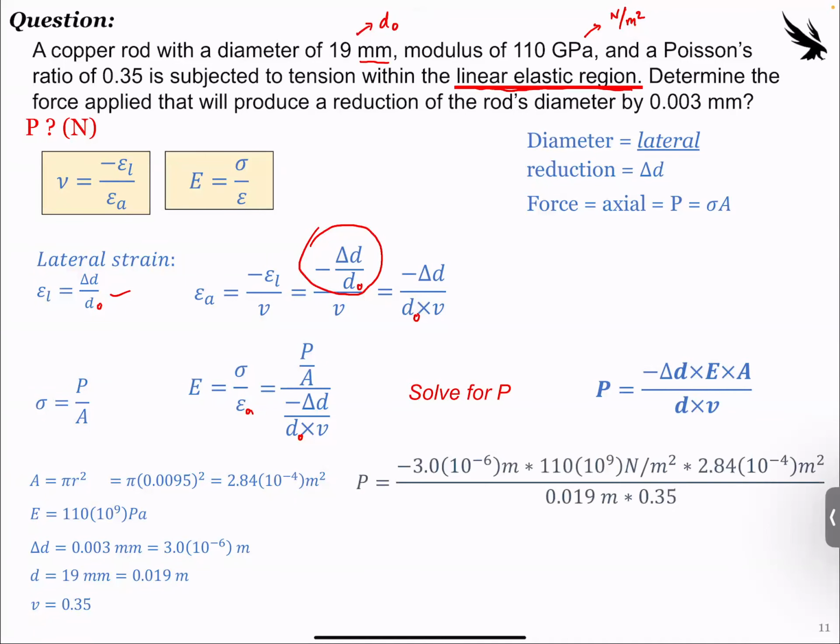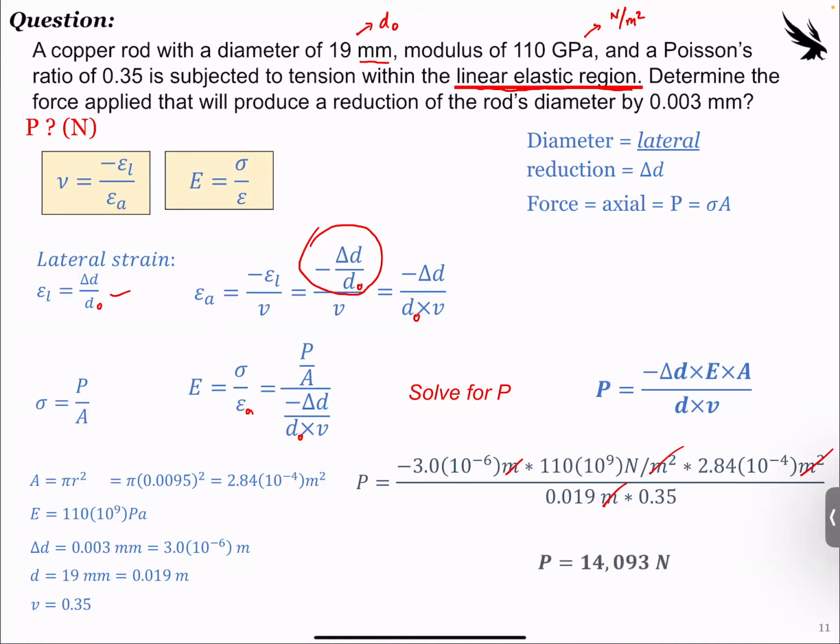If we plug all of this in, it looks really crazy at first, but it's worth writing everything out to ensure you're getting your answer in the units you want. We see that this meters squared will cancel out with that meters squared, and this meter cancels out with that meter, so the only thing left is Newton, because Poisson's ratio is unitless.